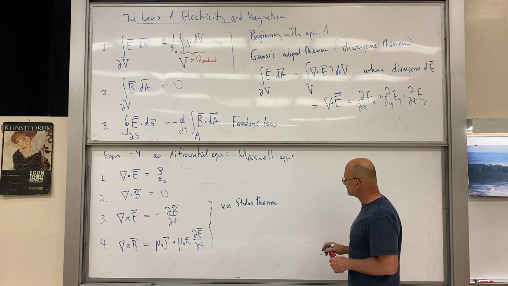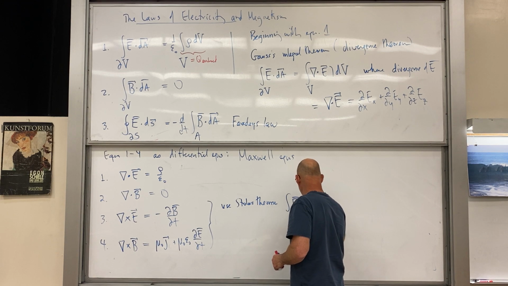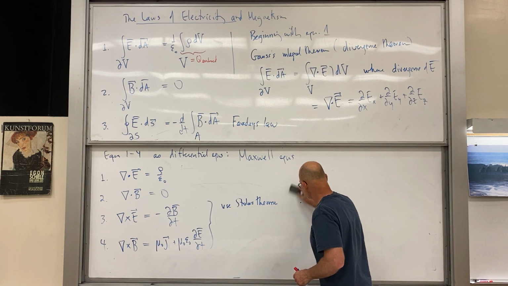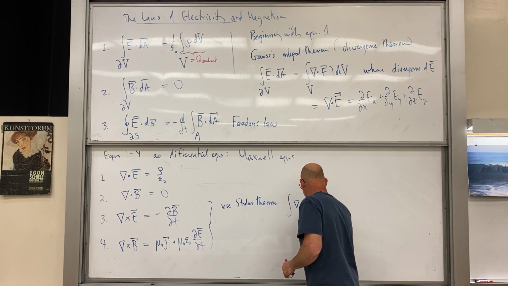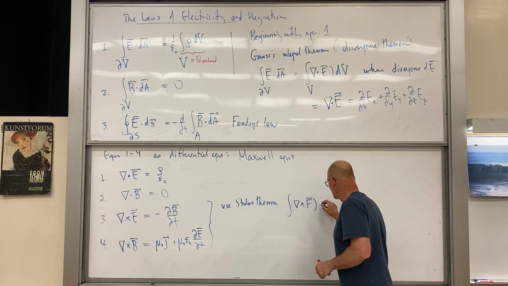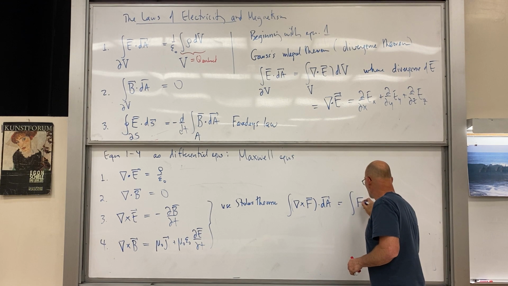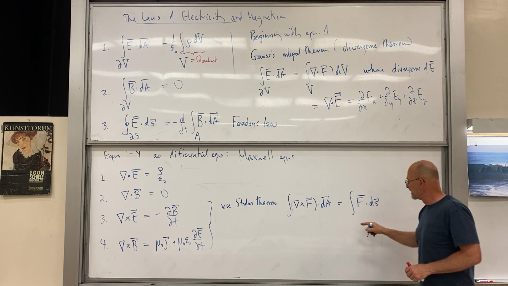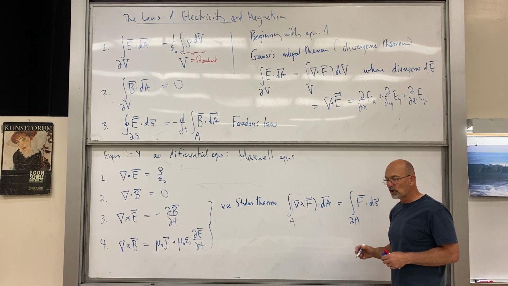And Stokes' theorem is that the integral of the curl of a vector field, I'll just use any vector field, dot the area, so the flux through a surface, is equal to the vector field dot ds on a curve that bounds that surface. So A is a surface, dA is a curve.